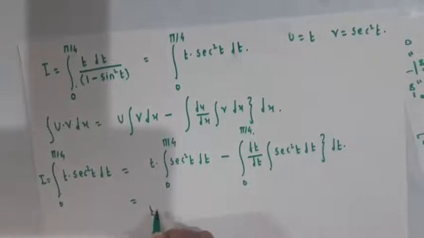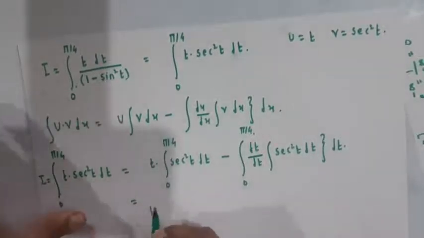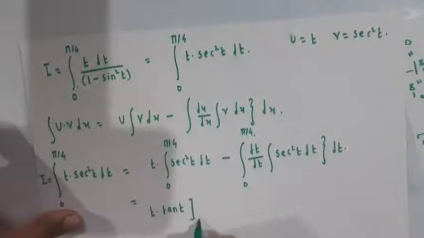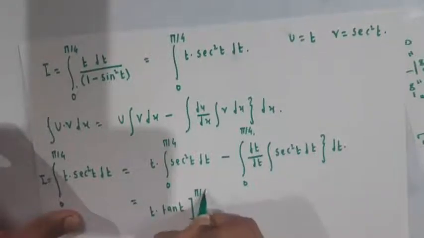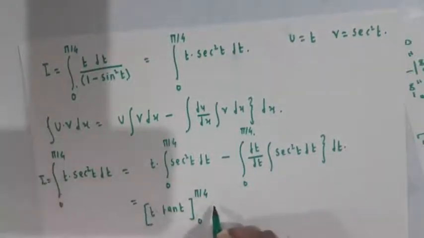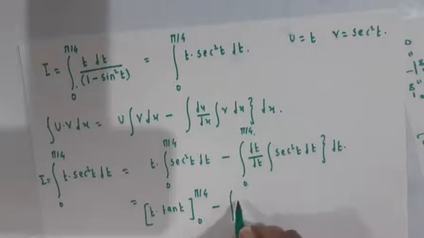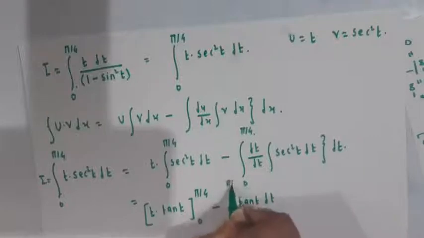Now t into integration of sec square of t is tan of t, limit of integration 0 to pi by 4, minus integration of t with respect to t is 1, integration of sec square of t is tan of t with respect to t, 0 to pi by 4.